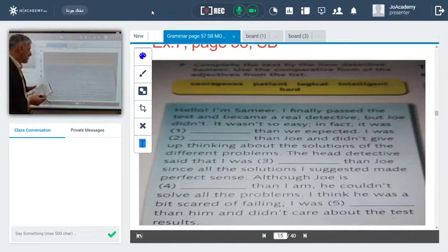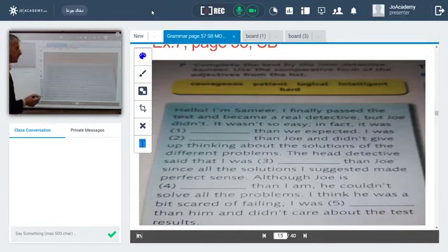So let's look at the first one. Hello, I am Samir. I finally passed the test and became a real detective. But Joe didn't. It wasn't so easy. In fact, it was blank than we expected. So what do you think we need to put here in gap number 1?